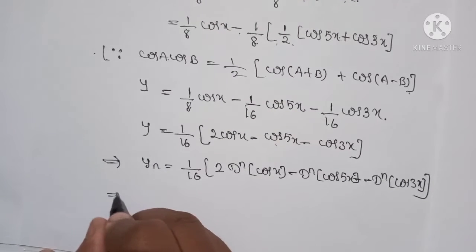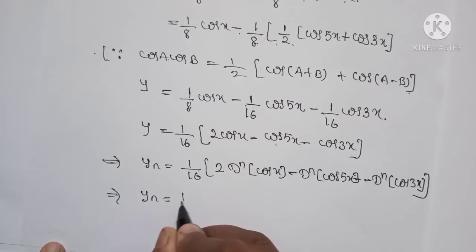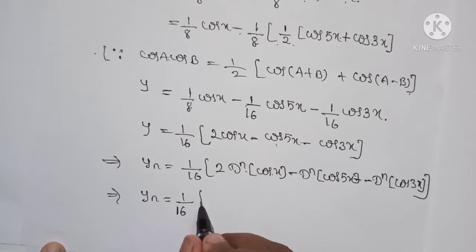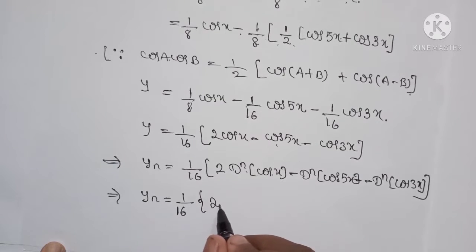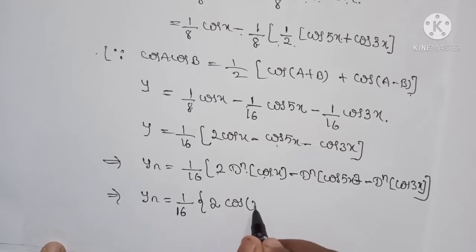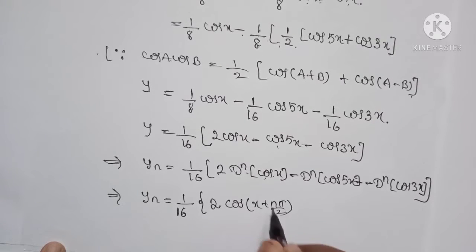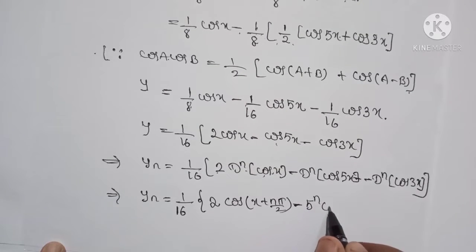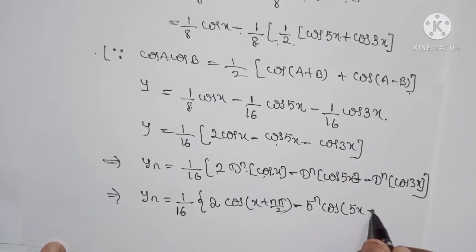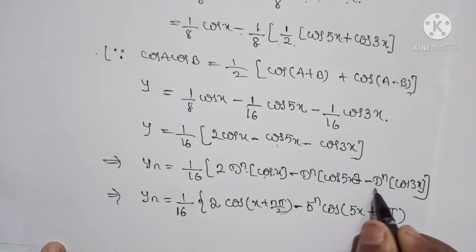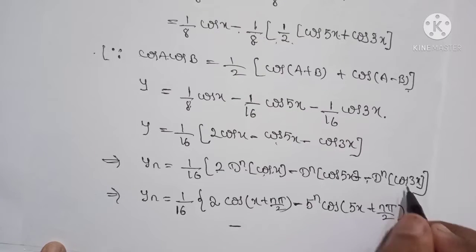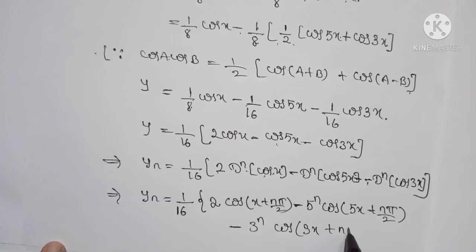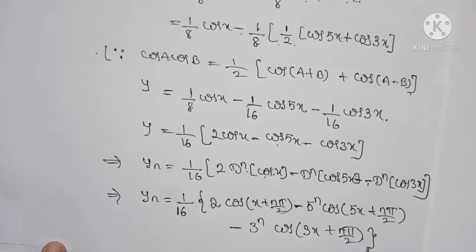Further simplifying we get yn equals 1 by 16 [2 cos of (x plus n pi by 2), because here a value equals 1, minus 5 raised to n cos of (5x plus n pi by 2), as a value equals 5, minus 3 raised to n cos of (3x plus n pi by 2), as a value equals 3].